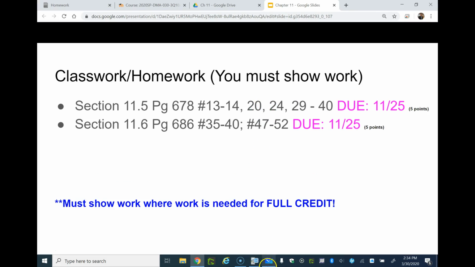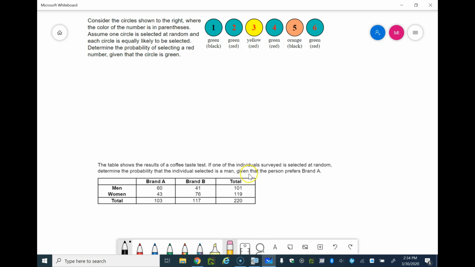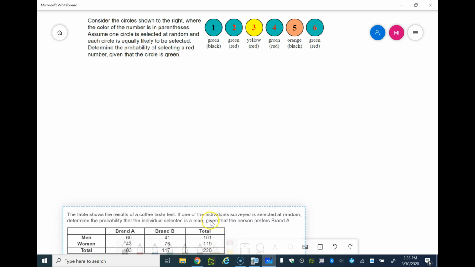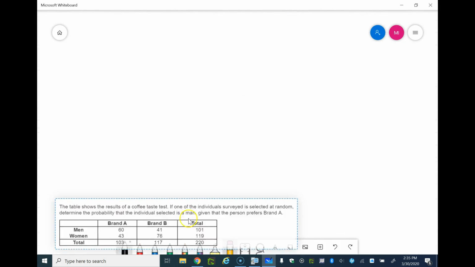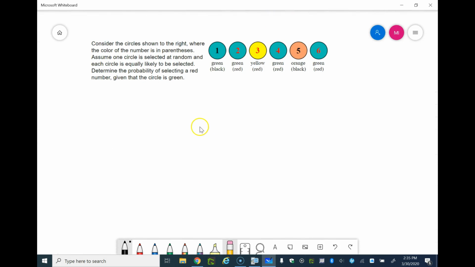So let's now discuss a few problems from MyLab Plus. Determine the probability of selecting a red number given that the circle is green. Remember, here's my given.